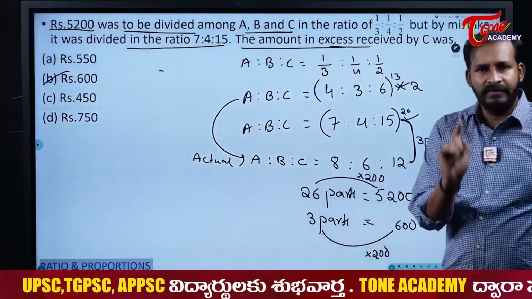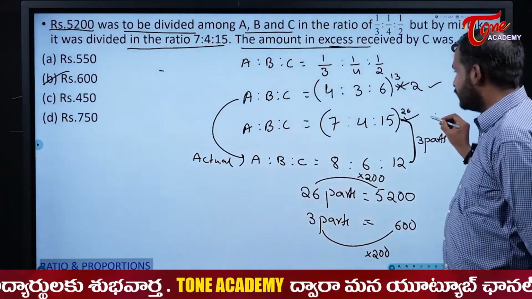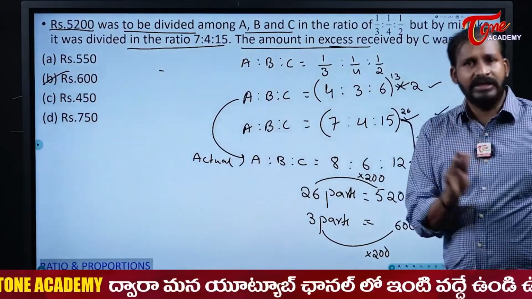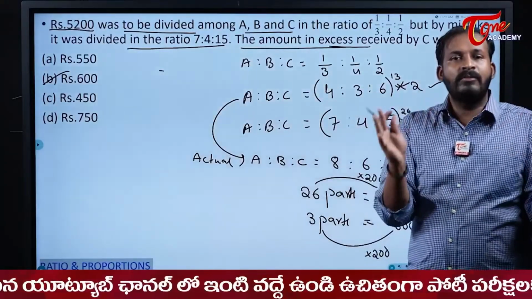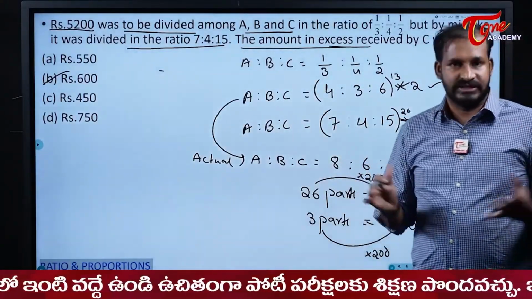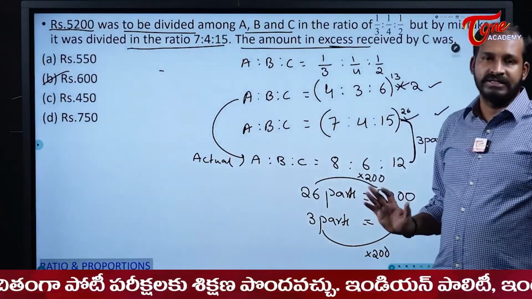Students, you should understand one basic concept here. Whether they divide in this ratio or in the second, incorrect ratio, in both cases they will divide the same amount, right? So the total amount remains the same. Because of that reason, try to equalize the total portions. Then easily you will get the answer.